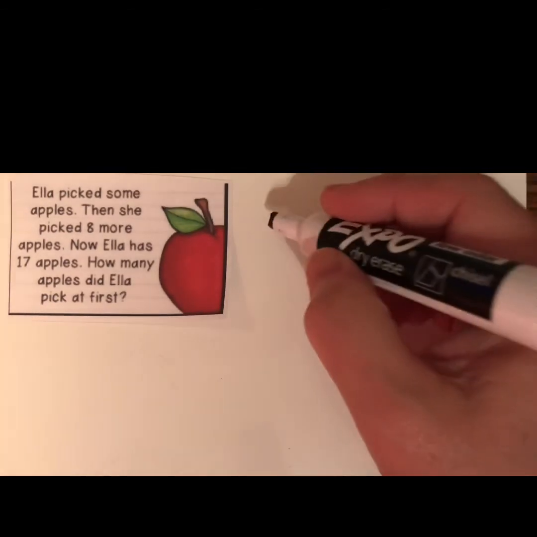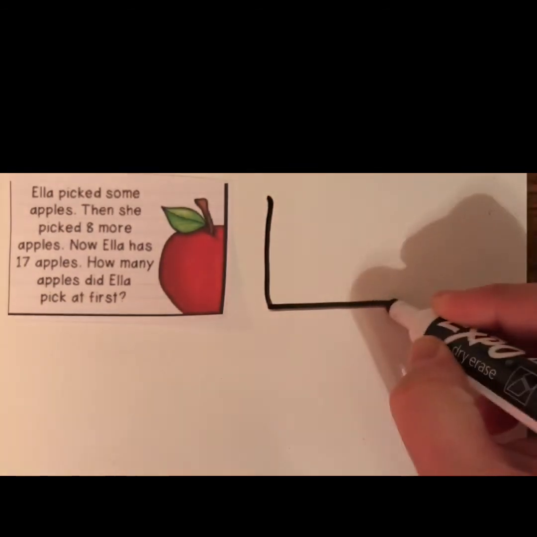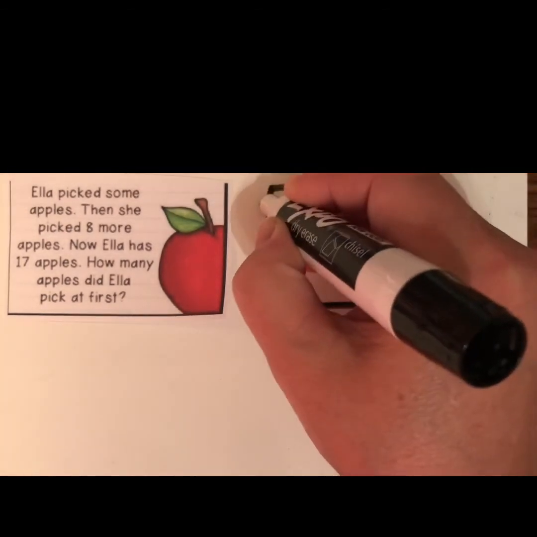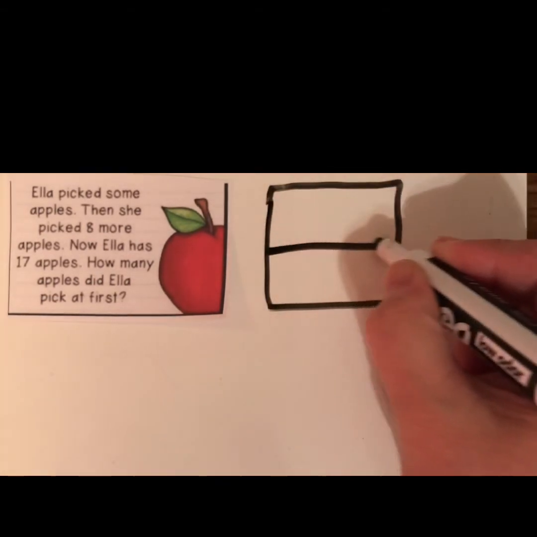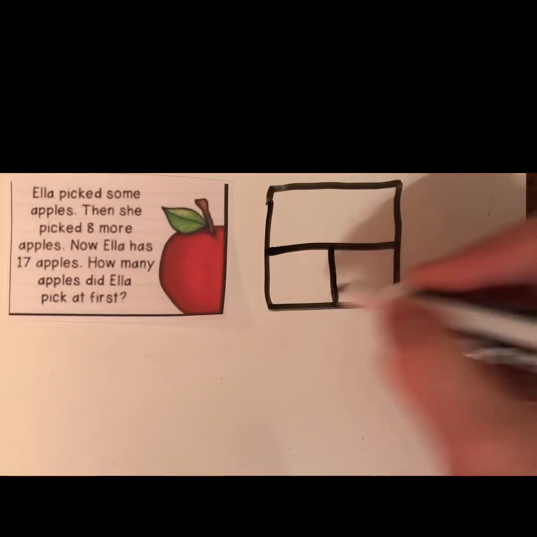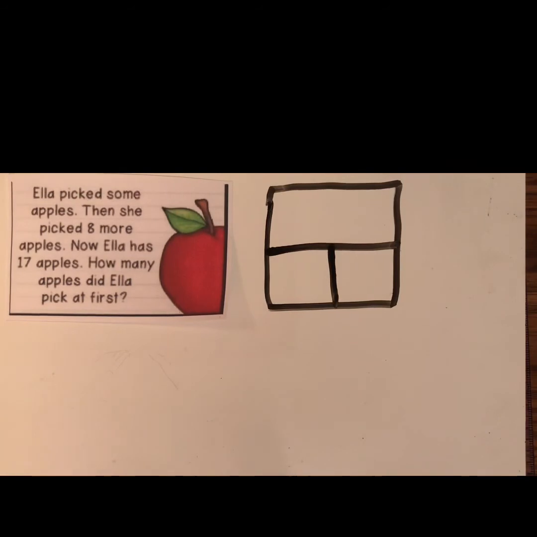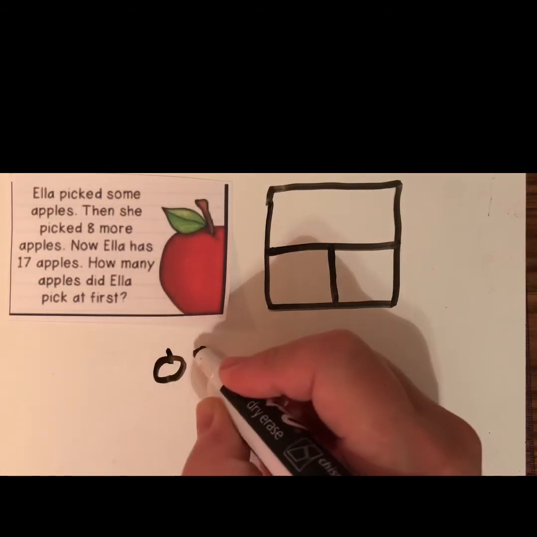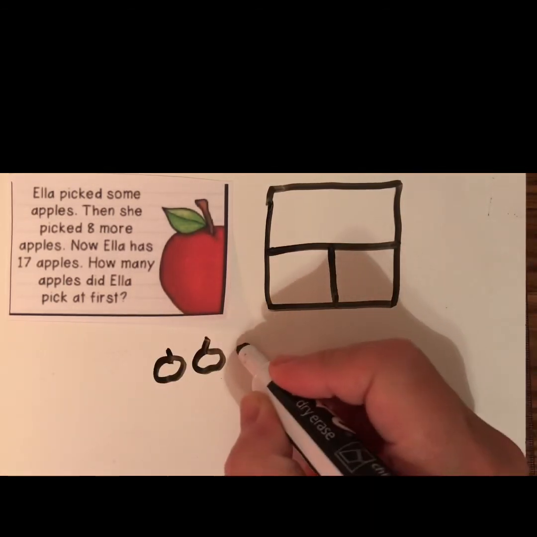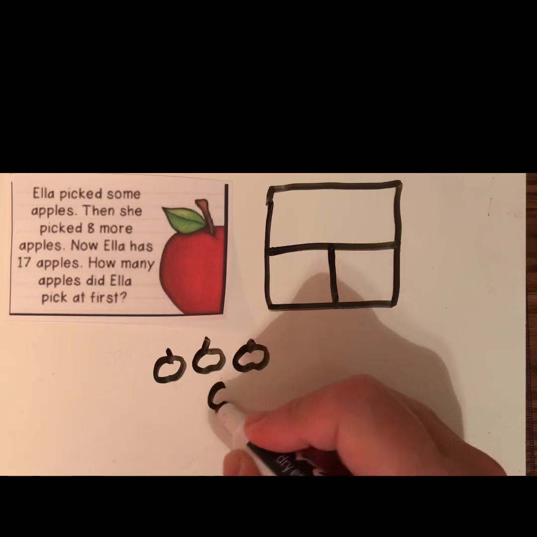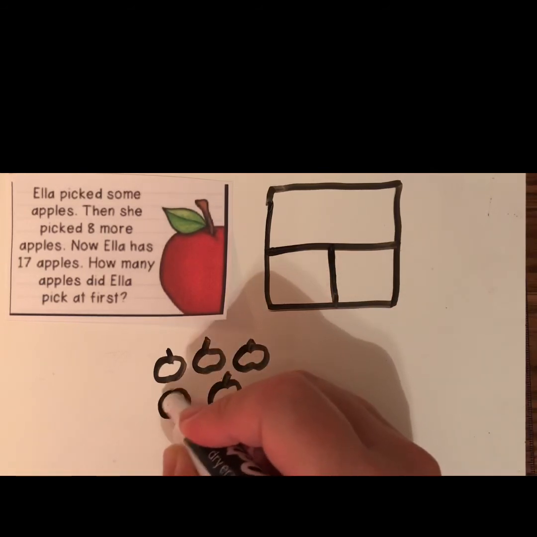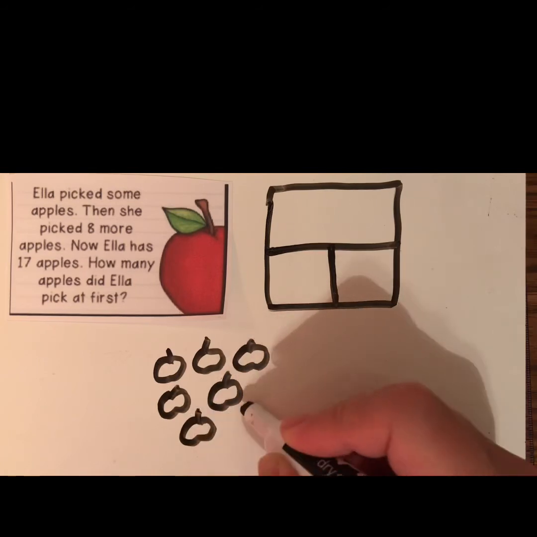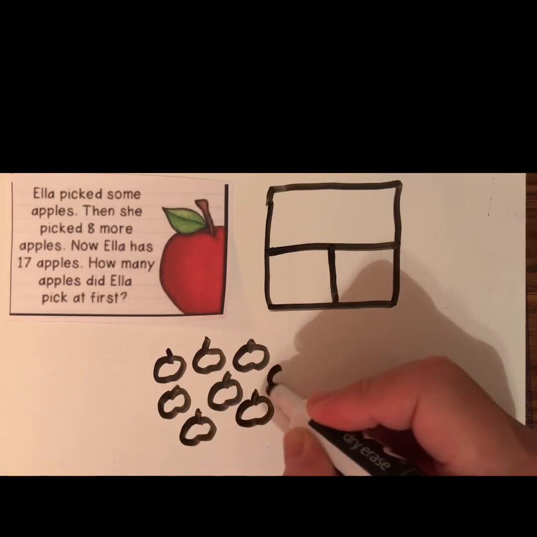I'm going to think about this part whole. Let's see. She picked some apples. I don't know how many. Then she picked 8 more. So here's 1, 2, 3, 4, 5, 6, 7, 8.